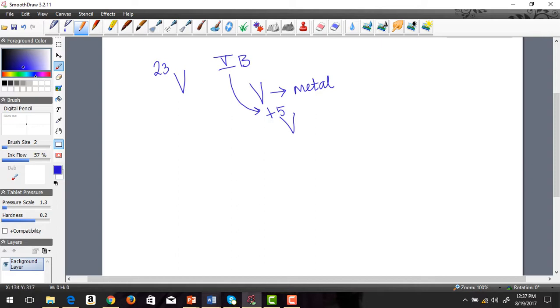But if you do write the electronic configuration, you will see 1s2, 2s2, 3s2, 3p6, 3d3, 4s2. I am writing the corrected version here.